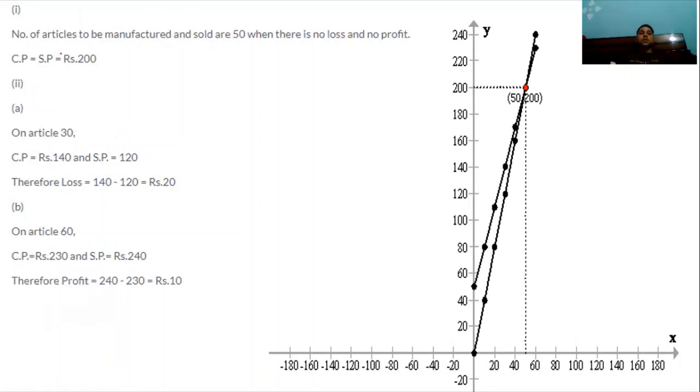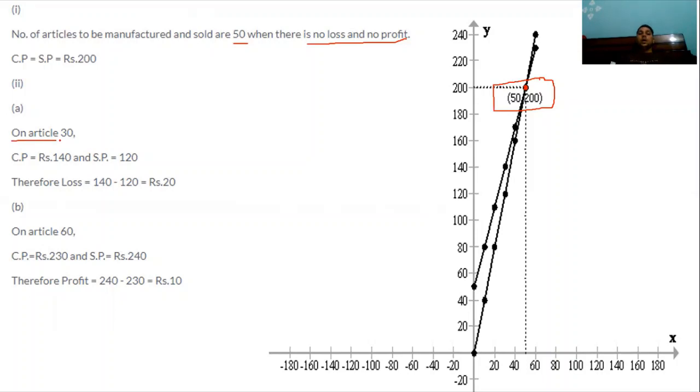Number of articles to be manufactured and sold when there is no profit and no loss is 50, because the sale price and cost price at this location are the same. So this is your cost price and this is your number of articles. So the total number of articles is 50 when we have a common sale price and cost price here.